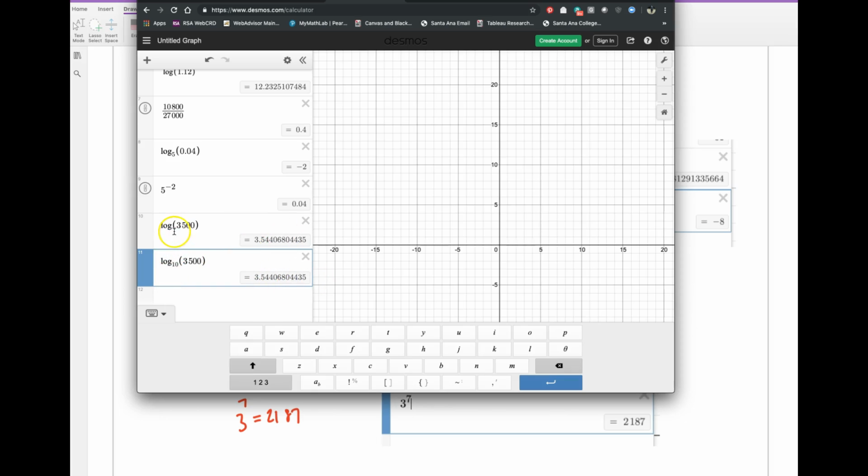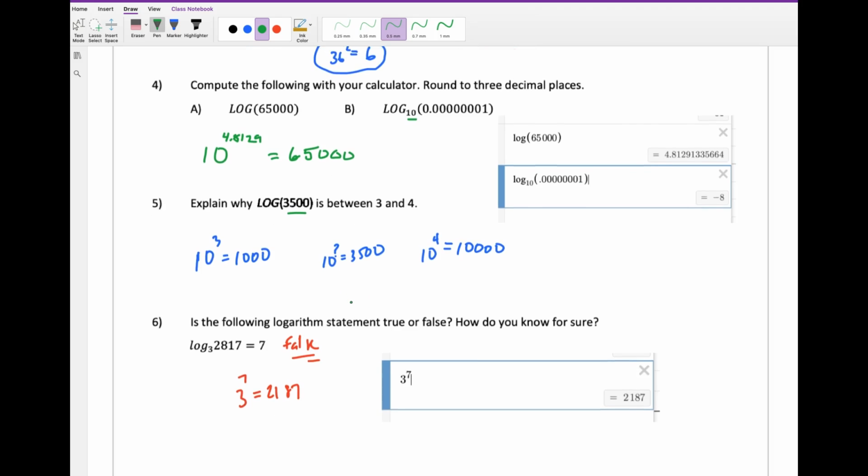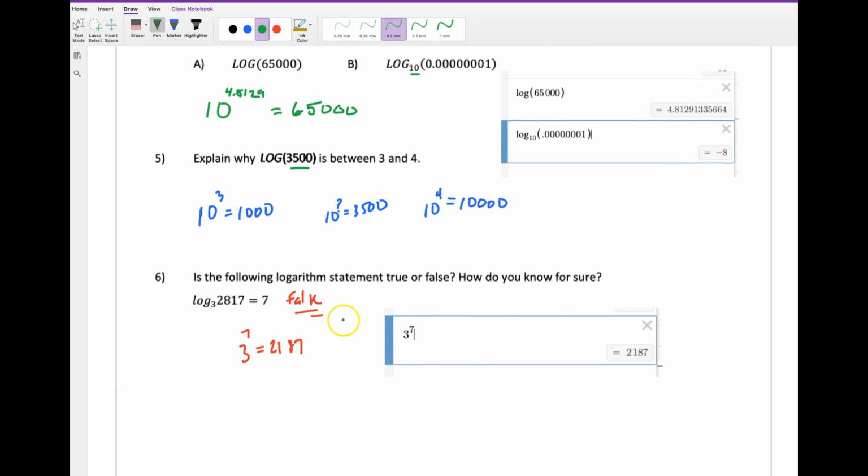They're the same. So if you don't see it, it means a 10 there. And so why is it in between? Because 10 to the power of 3 is 1,000, 10 to the power of 4 is 10,000, and 3,500 is in between. So your exponent has to be between 3 and 4. And then looking at the last one, is log base 3 of 2817 equal to 7? The answer is no, because 3 to the power of 7 equals 2187. So this is not correct.